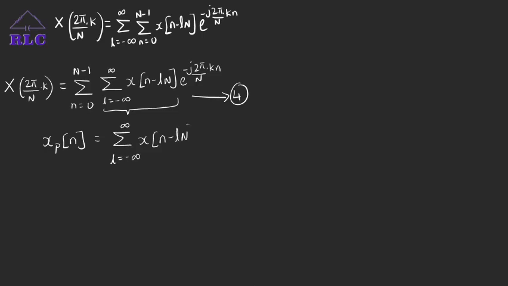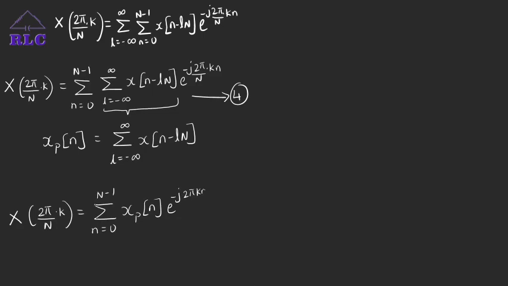Using this expression, equation 4 can be written as X of 2 pi by N into k is equal to summation n is equal to 0 to N minus 1 xp of n into e power minus j 2 pi k n by N.